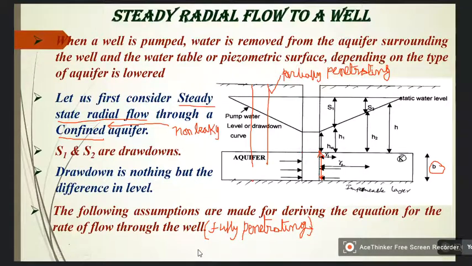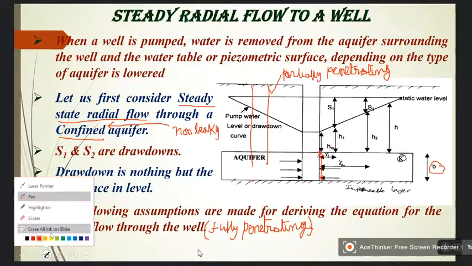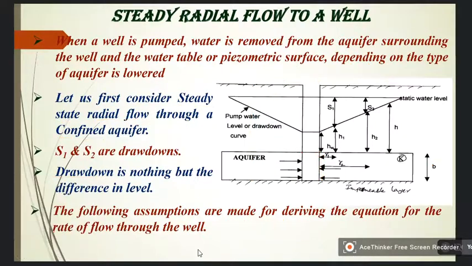So we are not going to consider this. We are going to consider only our fully penetrating case. Now, S1 and S2 are the drawdowns. Drawdown is nothing but the difference in the level between the static level and the level at any given instant of time.